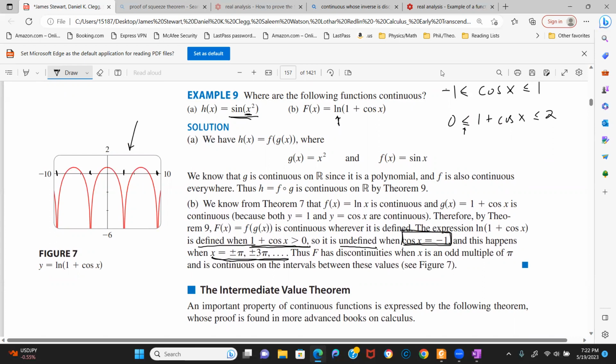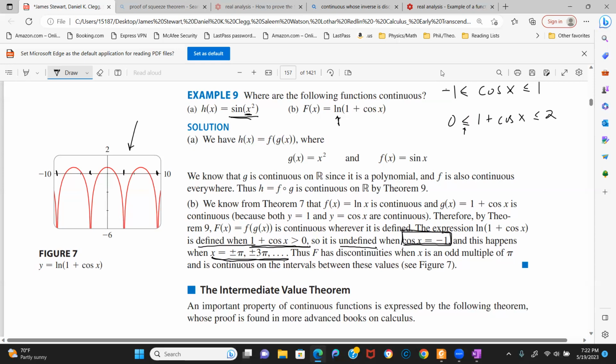So what the intermediate value theorem basically states is a statement about continuous functions. Basically, if you have a continuous function and you know that it has a lower bound and an upper bound, then it actually has to take every number between those bounds.